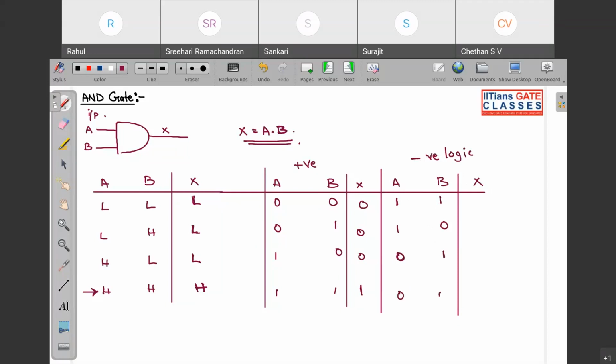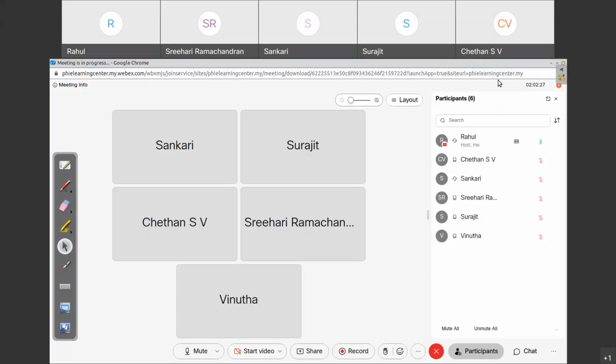So this will be what? Low, low. This will be 1, 1, 1, 0. So this is the truth table in negative logic, and this is the truth table in positive logic. Any doubts in this? Okay, fine.